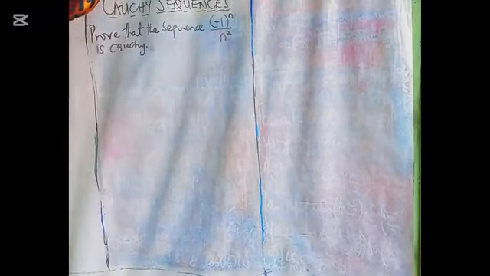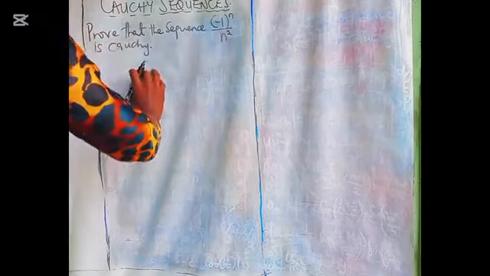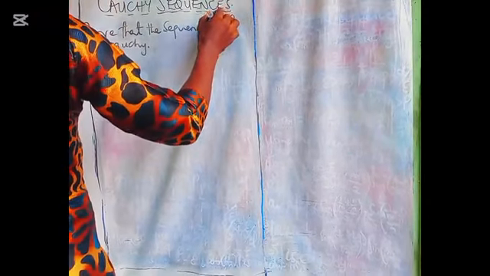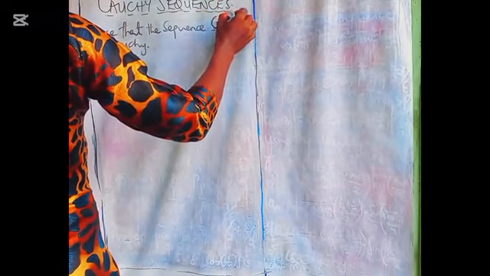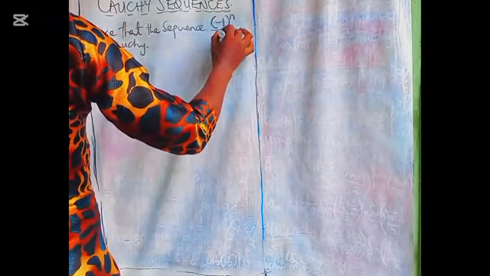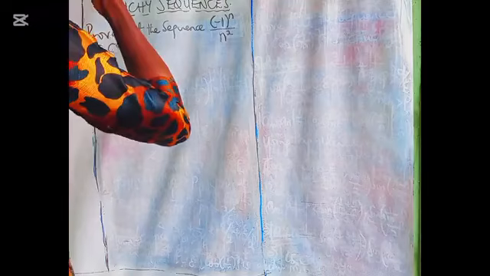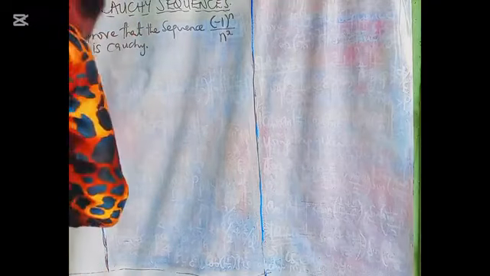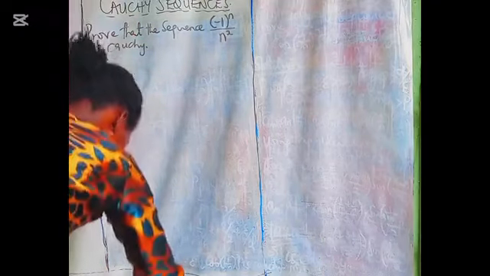We want to prove that the sequence (-1)^n over n squared is Cauchy.